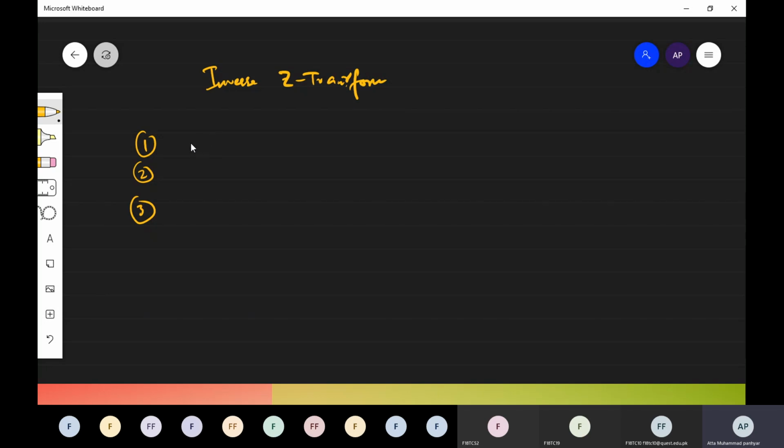The first is by equation, by formula. The second one is using partial fractions. And the third method is using power series or long division, right? Okay, so let's start.